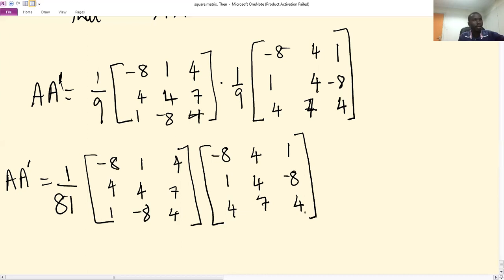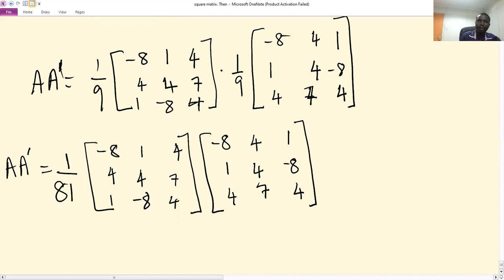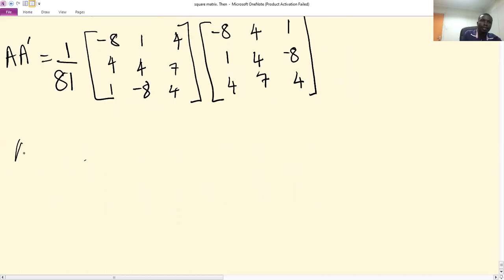Let's now carry out the multiplication. It's always row by column.